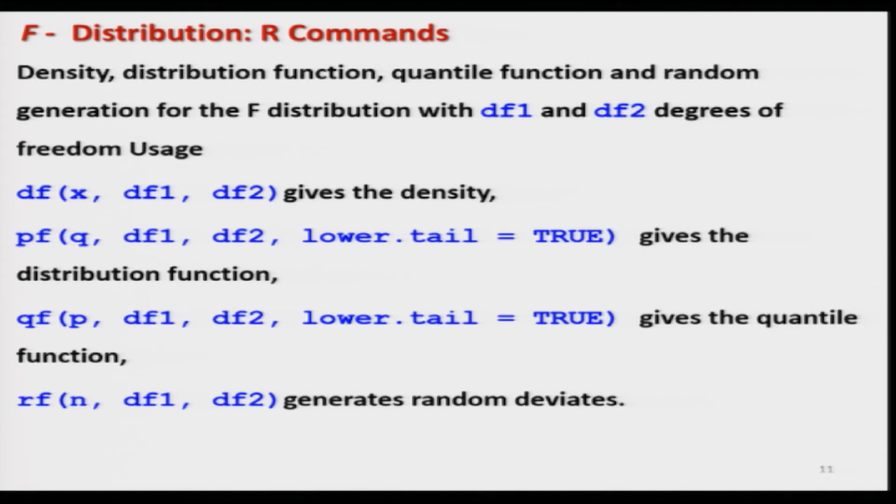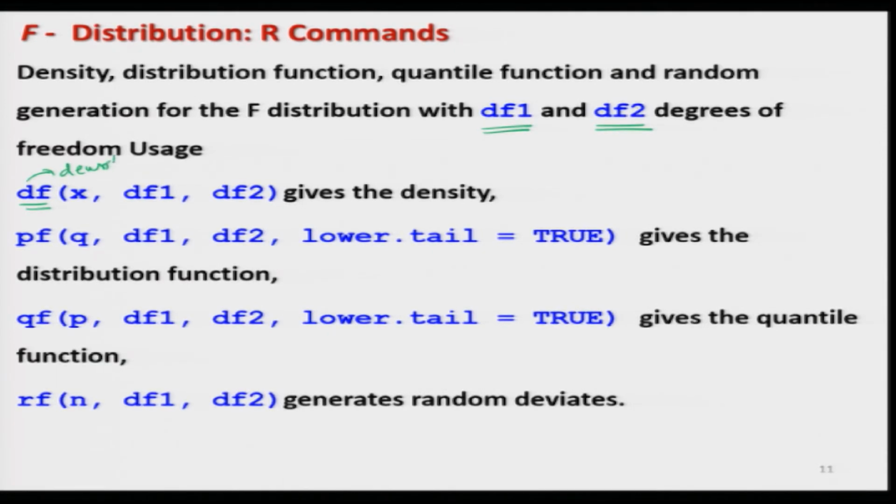Now, in case you try to use the R software for computation of different probabilities, quantiles, CDF, etc. from the F distribution, then there are two parameters which need to be specified, and those parameters m and n, which are the degrees of freedom, are indicated by df1 and df2, right. So, in case you want to find the density of F, then you have to give the command df.